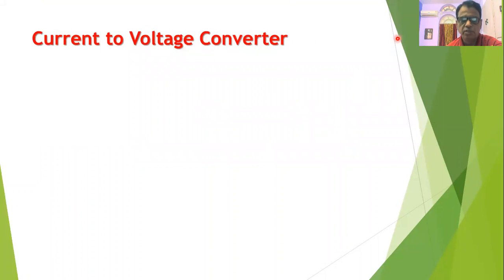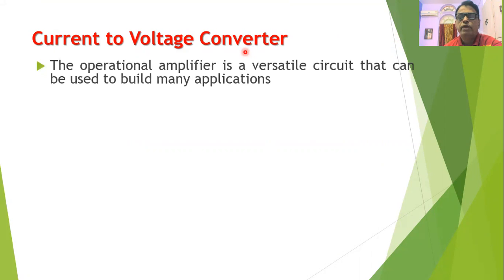So let us start the session with what we mean by current to voltage converter. Friends, we know that operational amplifier is a very versatile circuit, and it is possible to build many applications by using operational amplifier. We have seen that operational amplifier can be used to build circuits such as adder, subtractor, integrator, differentiator, comparator.